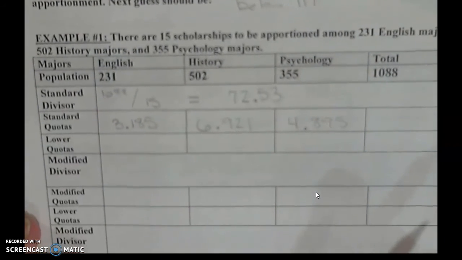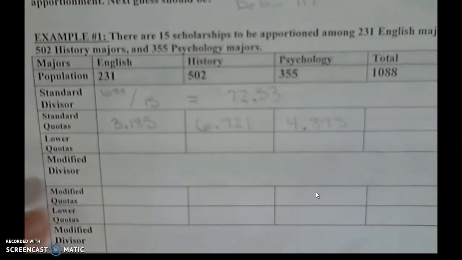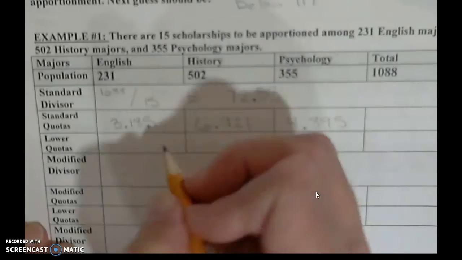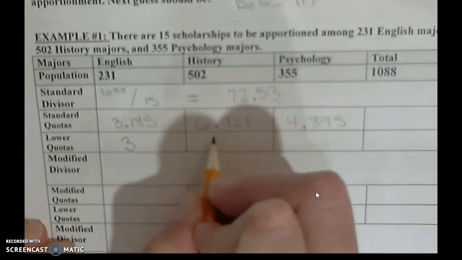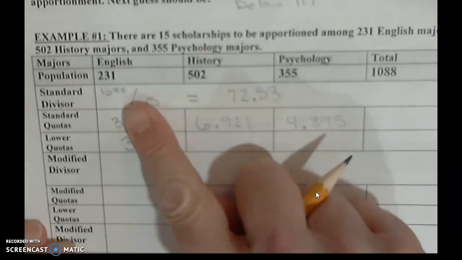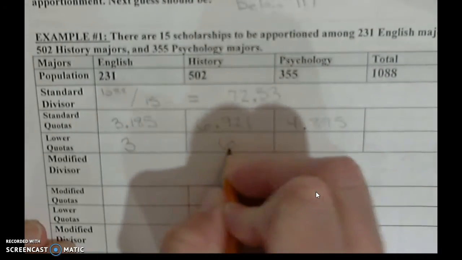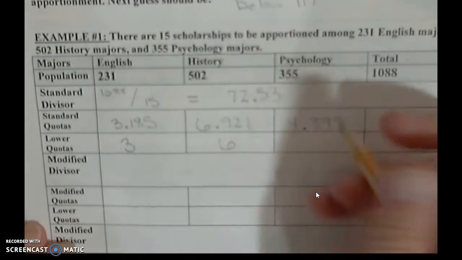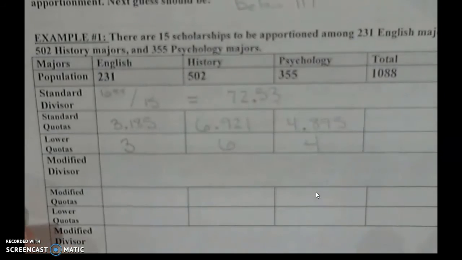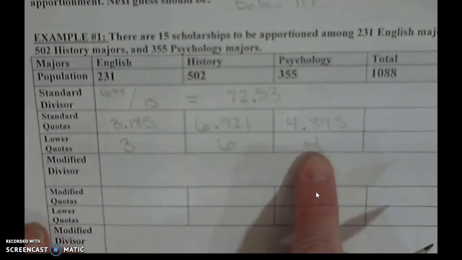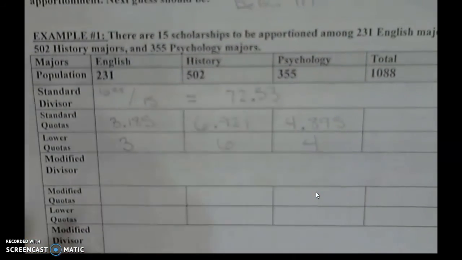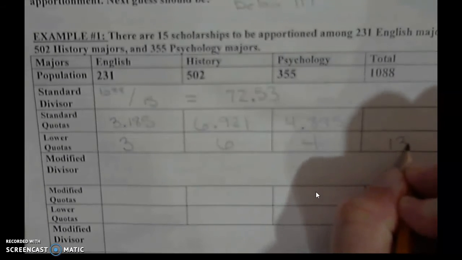And then we find our lower quotas. Remember, this is just like the Hamilton method. So this would be 3. We basically just drop the decimal places. This was 6, drop the decimal places. That's 4. And this is where we find our total. 3 plus 6 plus 4 gives me 13.